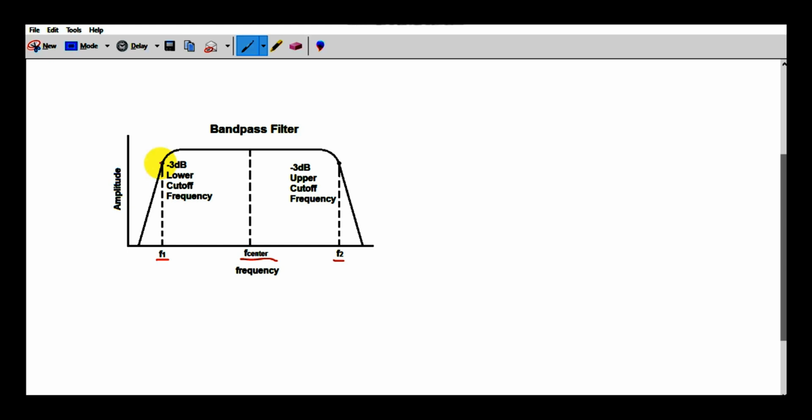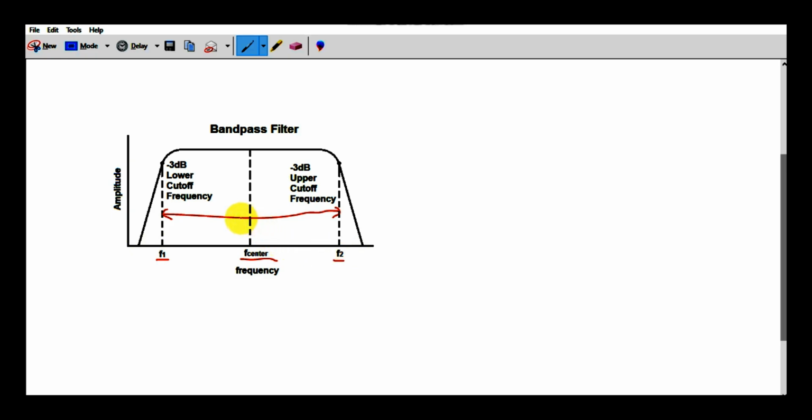The band pass filter passes the frequencies in the bandwidth f2 minus f1, which lie between this band, and it attenuates frequencies lower than f1 and higher than f2.